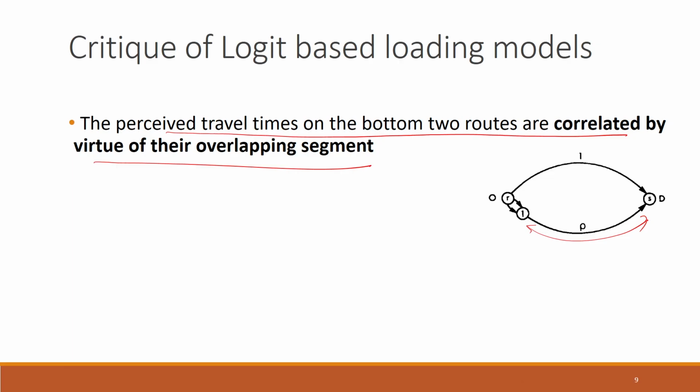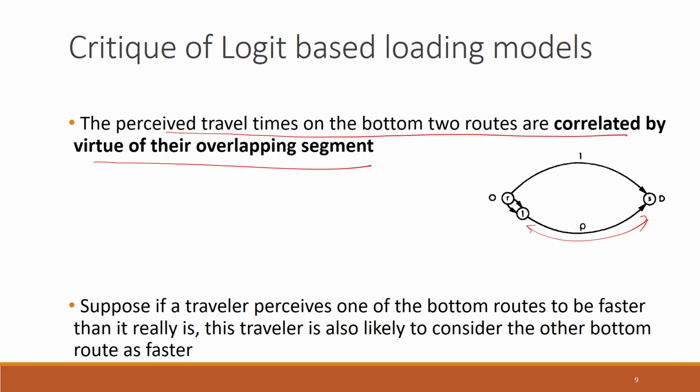It is very likely that this error term is very large for one of the bottommost paths, and since both paths share a large overlapping segment, the other path should also have a very high value of this utility. So this is what it is saying.